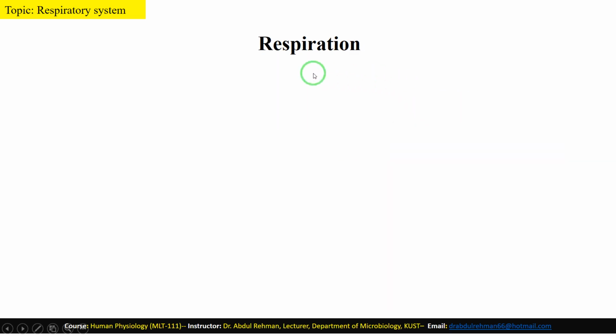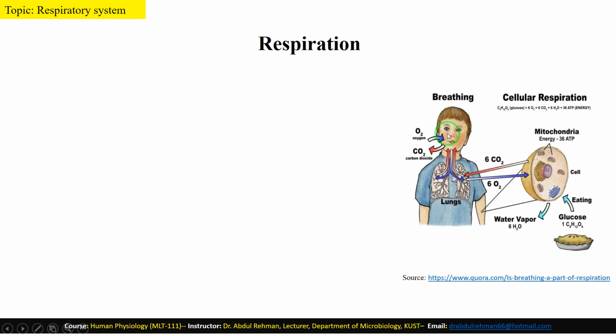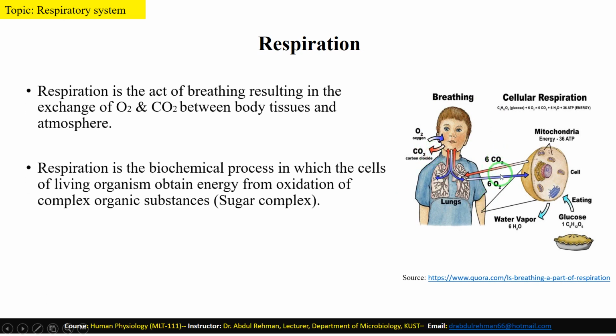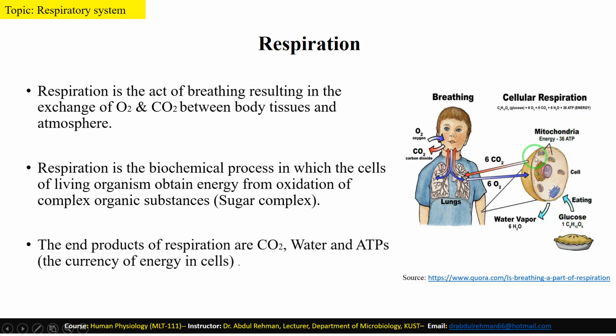After this, we will discuss respiration. Respiration is the normal breathing process by which we can get oxygen and remove carbon dioxide from the body. Or in other words, you can say it is a biochemical process by which it oxidizes organic compounds like glucose present within a body and produces three major end products, that is ATP, water vapors, and carbon dioxide.